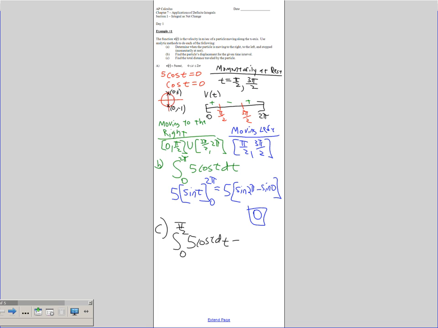We have to subtract the definite integral from pi over 2 to 3 pi over 2 of this integral. And then we have to add in the definite integral from 3 pi over 2 to 2 pi of this integral.